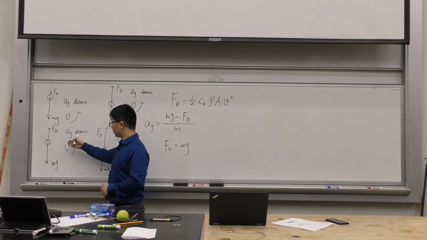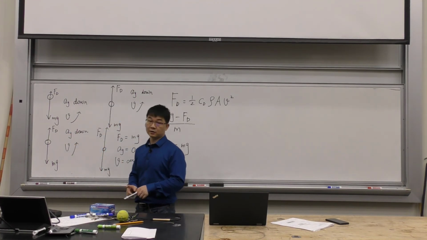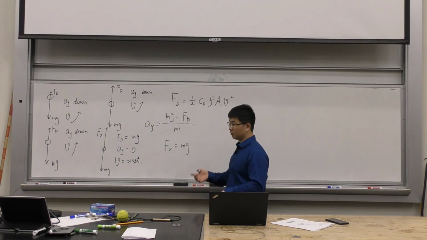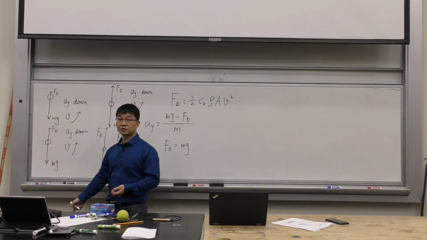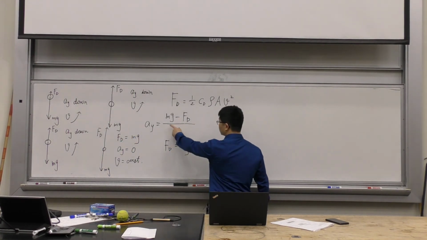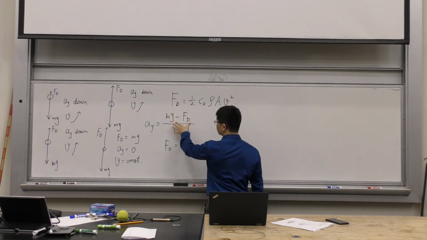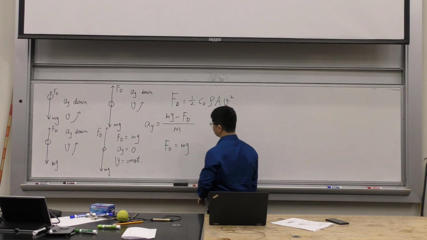You're still going to have gravity down, the air drag up, and at 75 meters per second, it's smaller than the terminal speed, so the gravity is still larger than the air drag. You set Newton's second law, you still get this. Net force divided by mass, you get the acceleration down, if we call down positive.